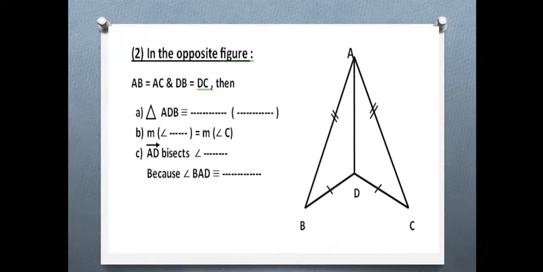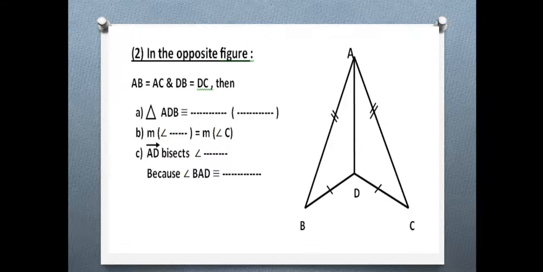Okay, we have another example. In the opposite figure, we have AB equal AC and BD equal DC. He wants triangle ABD congruent to another triangle, and he wants the name of the case. Okay, we have two sides.